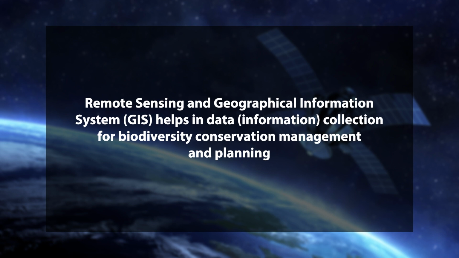The conventional methods for data collection on biodiversity have been found to be costly and time consuming. Comparatively, remote sensing and GIS are the most efficient and cost-effective ways for collection of information and subsequent management of our natural resources.